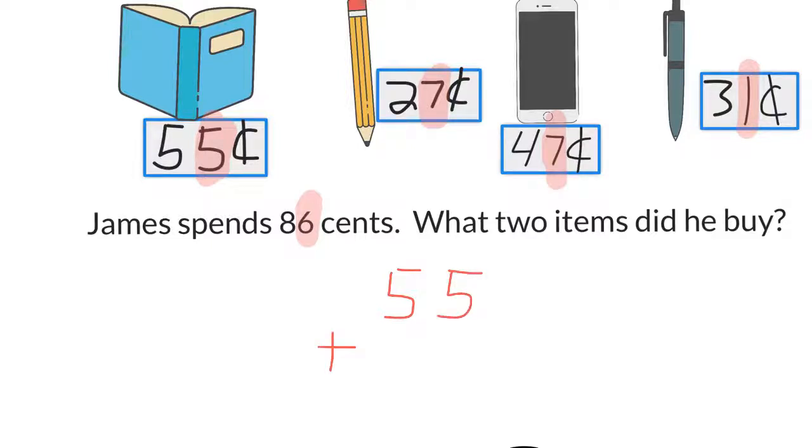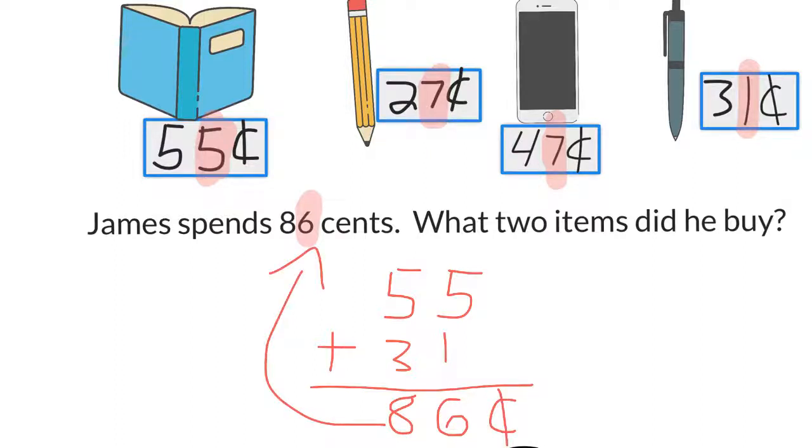plus the 31 cents for the pen. The 5 plus the 1 that we knew gave us a 6 in the ones place was a great start. Now what we don't know is, will the tens work out? So we have 5 tens plus 3 tens gives us an 8 in the tens place, and we can see that it matches.